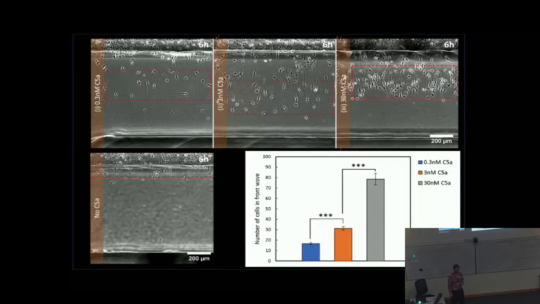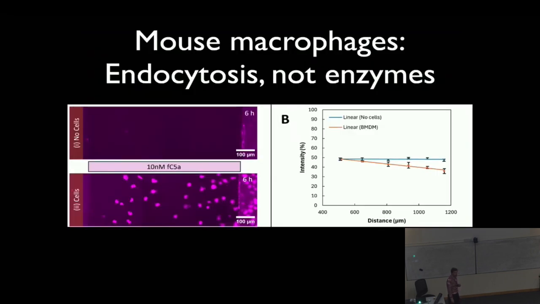And that's just the quantification showing it is just as we expect. The number of cells goes up as you add more and more attractant. And here's a very interesting thing. I know there's some immunologists present. If you read the literature about macrophages and C5a, there's lots of description of an enzyme called carboxypeptidase M, where M stands for macrophages.